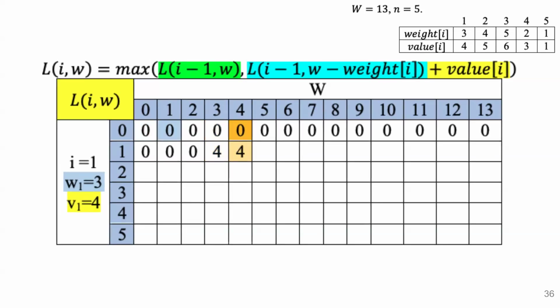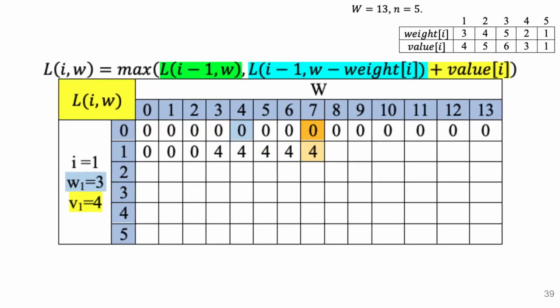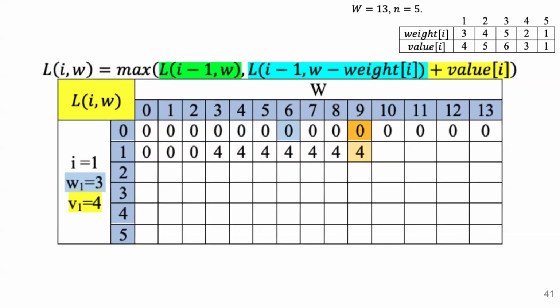If you consider the first item with a bag capacity of 4, it would be 4 also. Move forward. Because we are considering only the first item, even if the capacity increases, the state must remain unchanged.